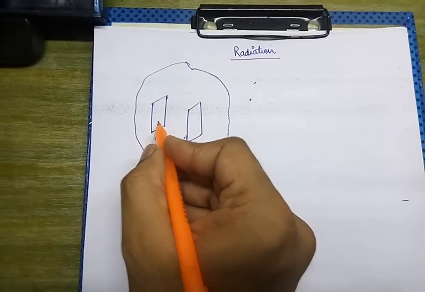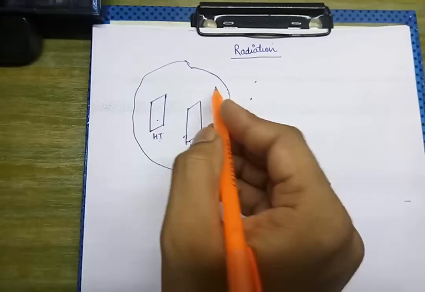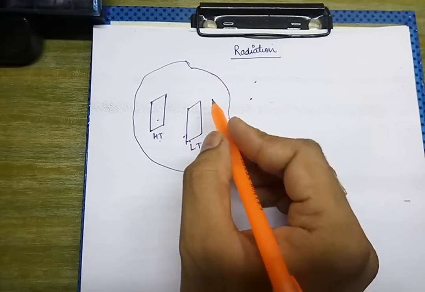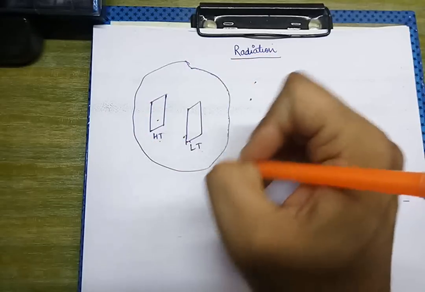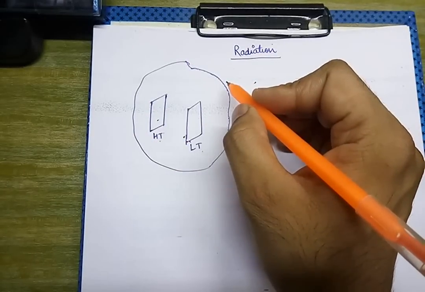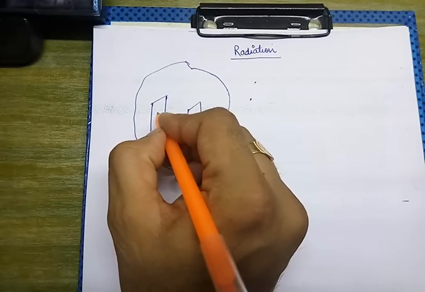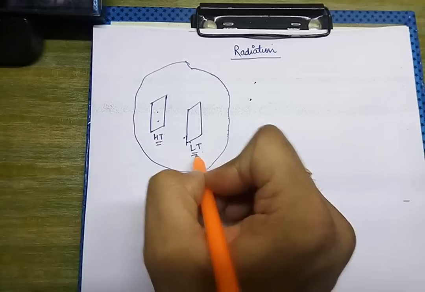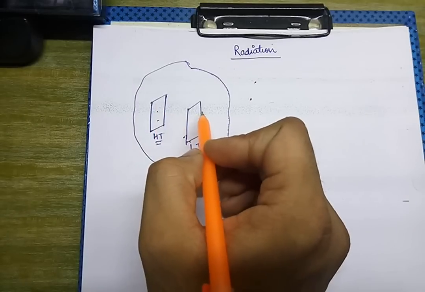And the temperature of this plate is very high, and the inside cavity is vacuum. Now if this system is left undisturbed for some point of time, then we will observe that both the high temperature plate and the low temperature plate have come to thermal equilibrium.